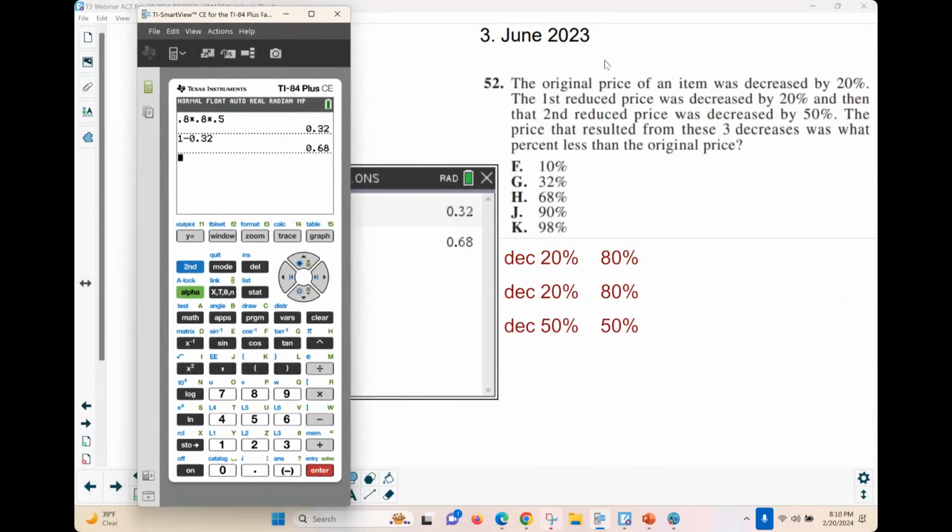You'll notice this is a number 52. So this would be a much more difficult problem than others. Oh, I forgot to mention, on the ACT right now, 60 questions, 60 minutes. That's 60 seconds per question, and that is wrong. If you have your students think that, that's not going to work. I like to think of it as a 30, 60, 90.